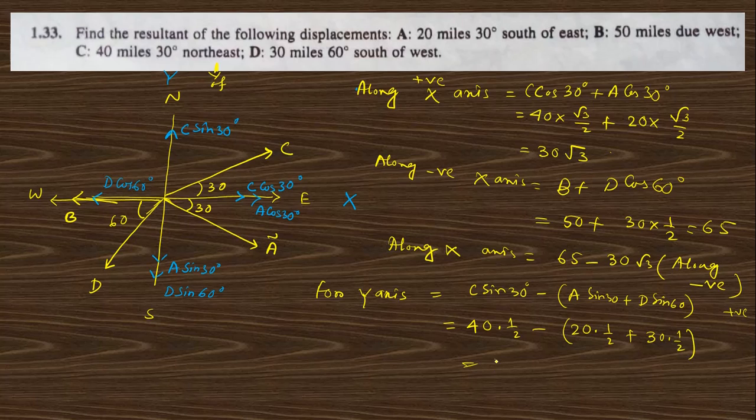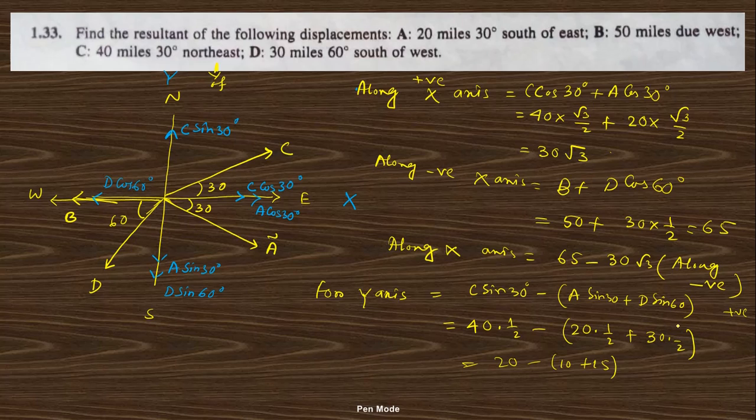So you get 20 minus 10 plus 15 root 3. Sorry, this is root 3 by 2.